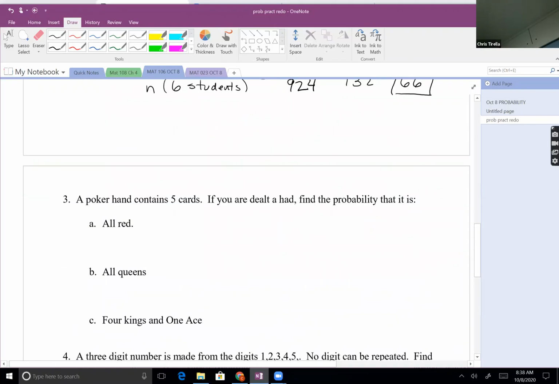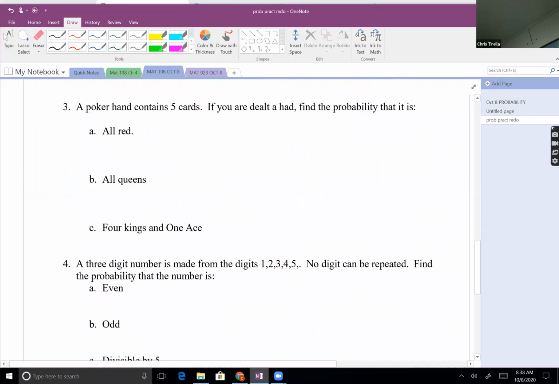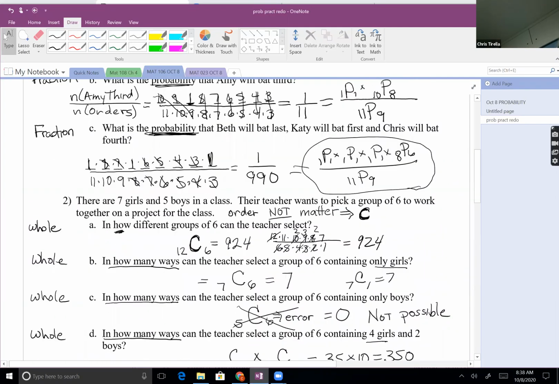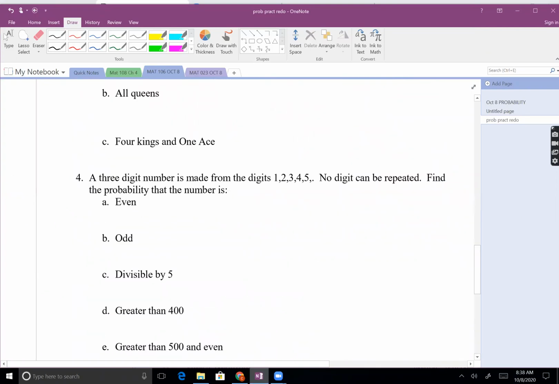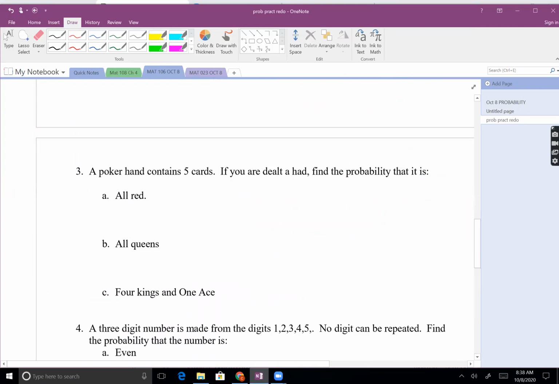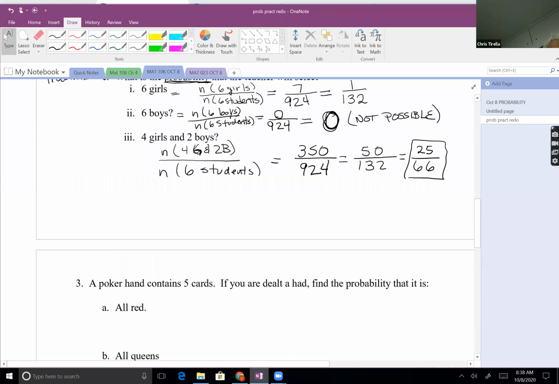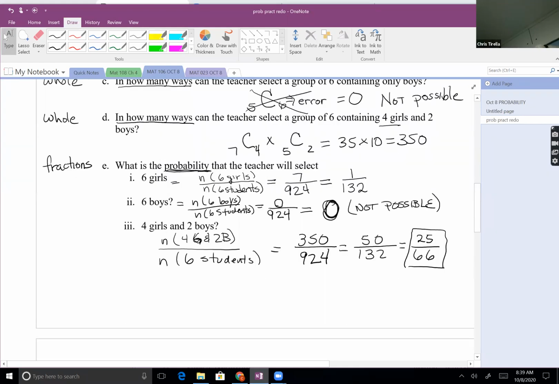Is that first side of that sheet all right? Is everybody all right with the difference between the permutation question and the combination question? How do you reduce the fraction again? With the calculator? Okay, if you have the same calculator as mine, you're going to type in the numerator 350.